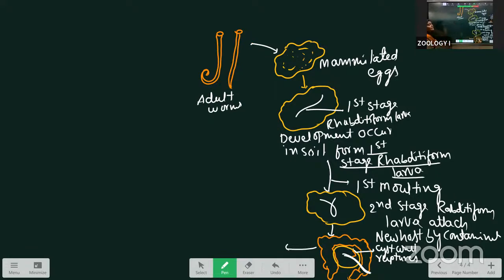They go into the circulation through the hepatic portal vein.